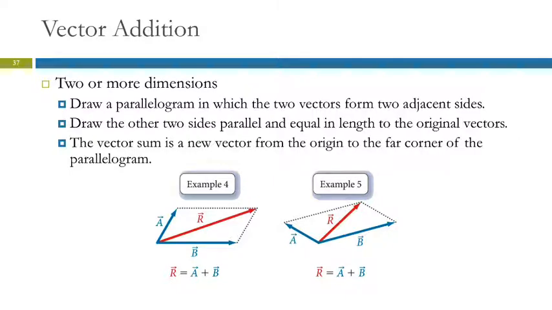Well, let me just do another one. So let's say we had one going like this, and we had one going like that, and we're trying to see what would that give us? How would that add together? So from the end of this vector, I'm going to draw a line. I'll try to make it dotted. That's parallel with the other vector.